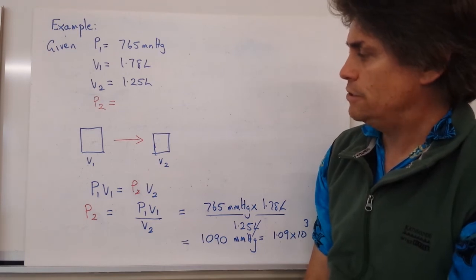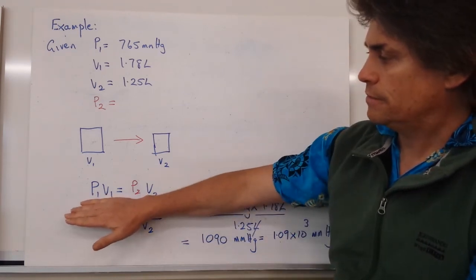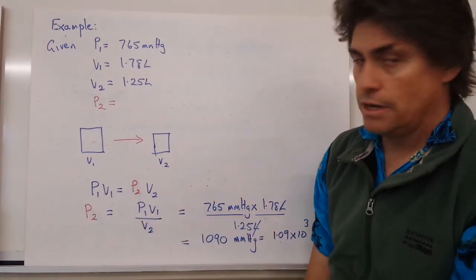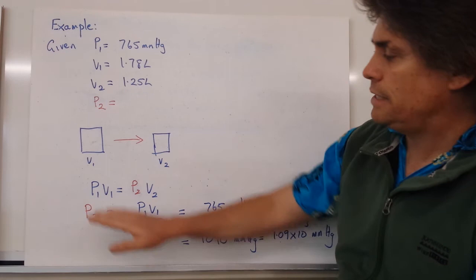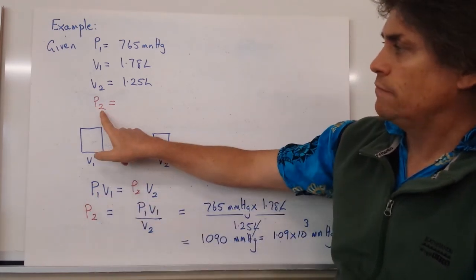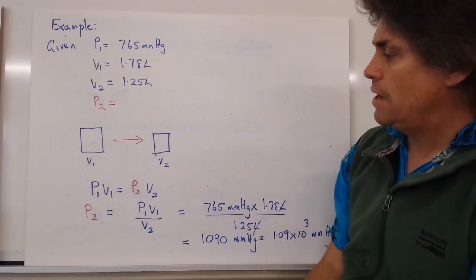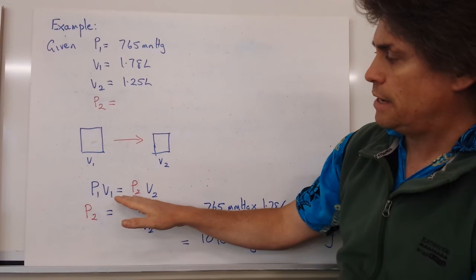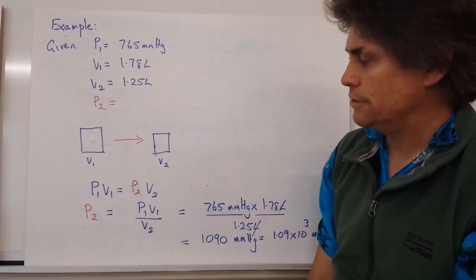The first thing we need to do is write down our equation: P1V1 is equal to P2V2. The next thing we need to do is isolate for our unknown term, and in this case, we're looking for P2. So we need to divide both sides by V2, and that will isolate our P2 on one side of the equation.